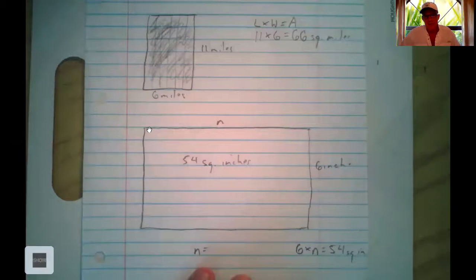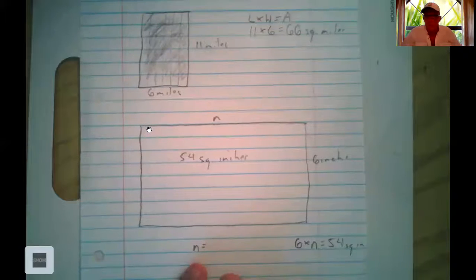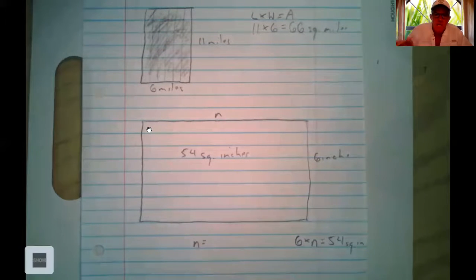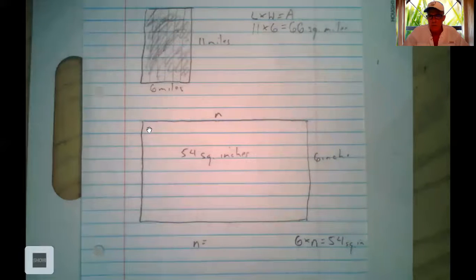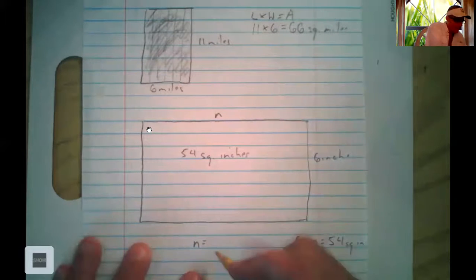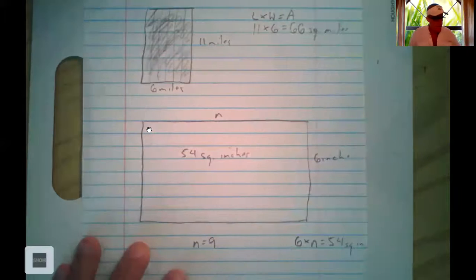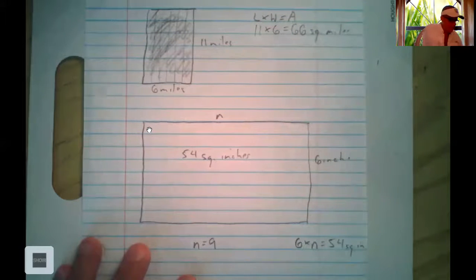Most of you know that 6 times 9 equals 54. So N equals 9. 9 what? 9 inches, because we are talking about the width.